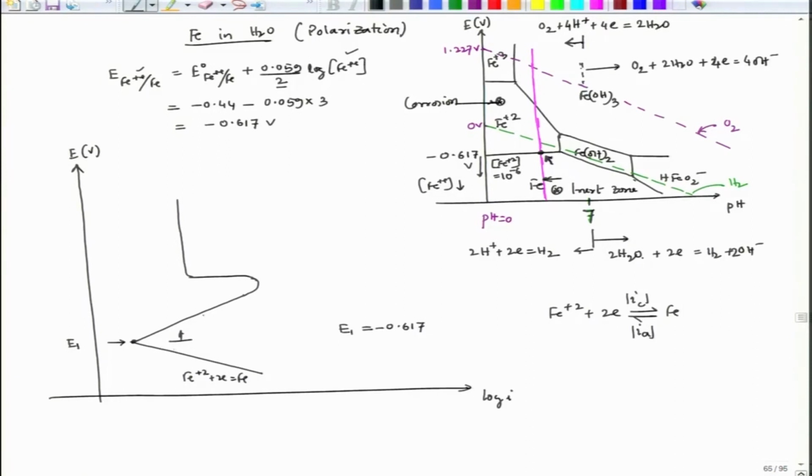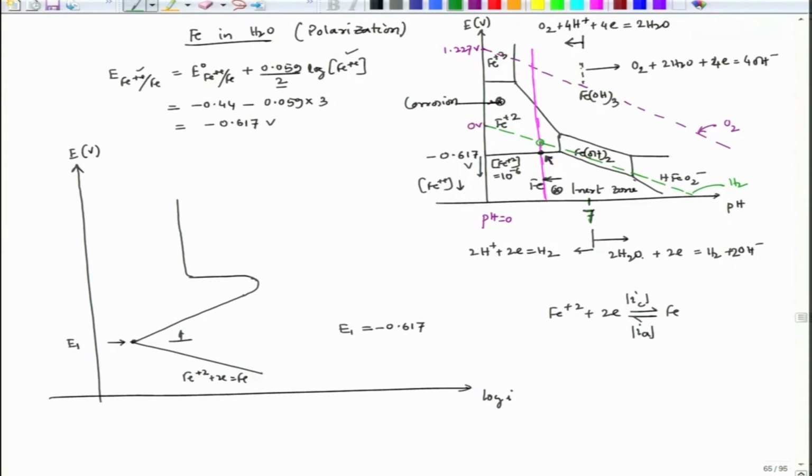Now, when we go up, it intersects the hydrogen evolution line at this point. This point would appear due to the intersection of metal dissolution and the hydrogen evolution line.